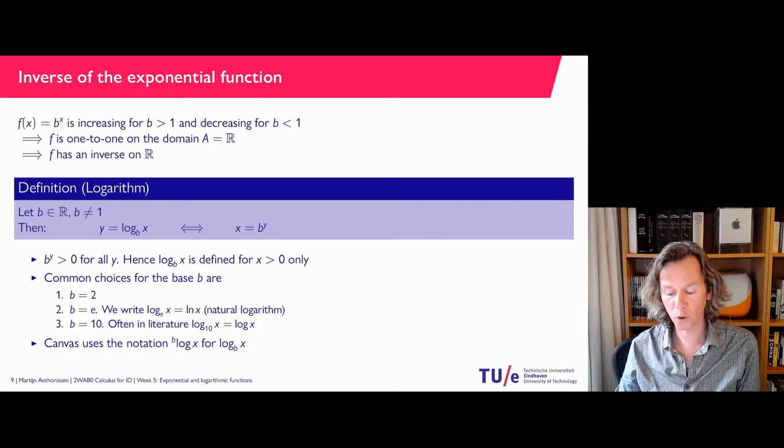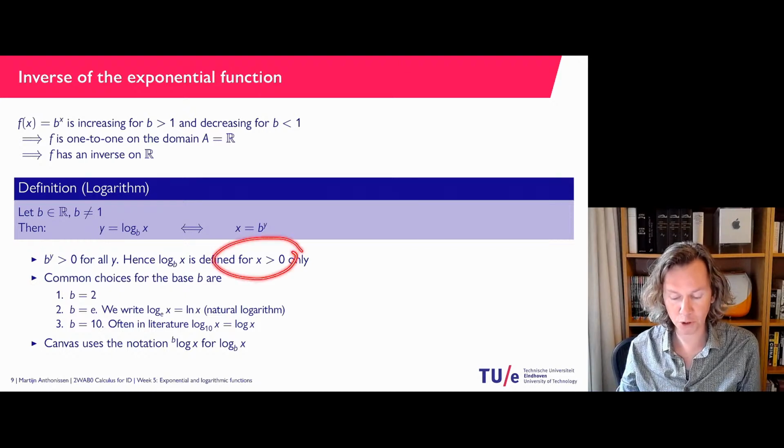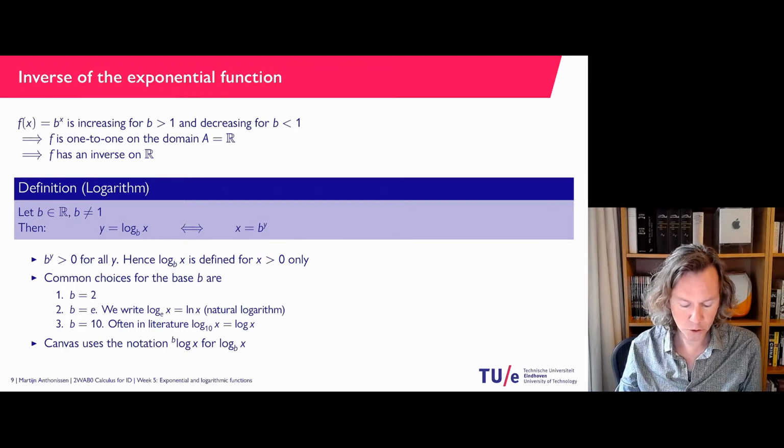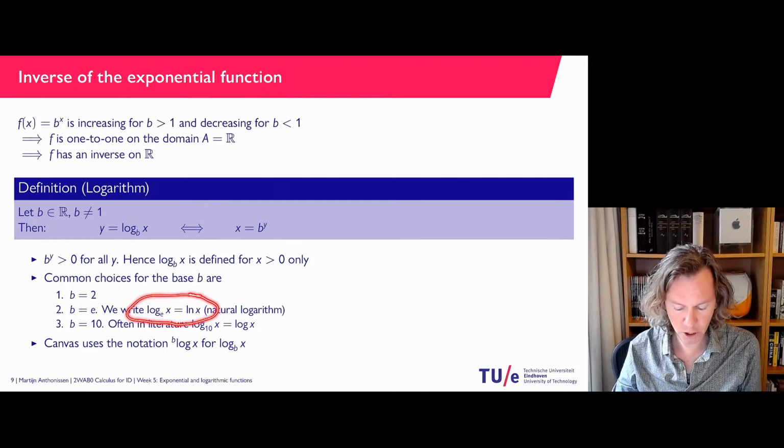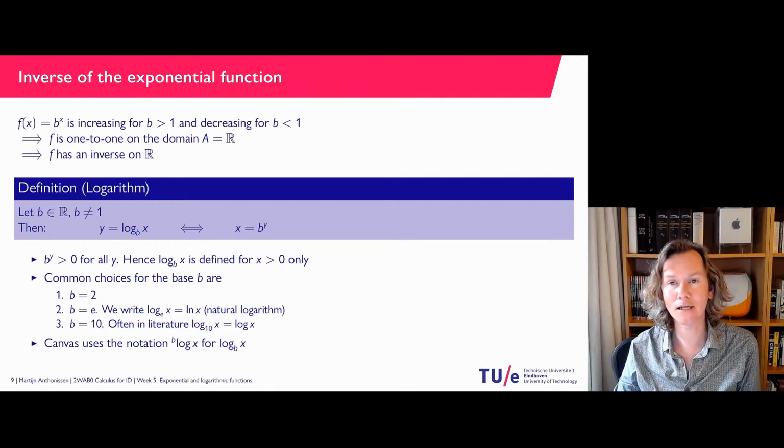So apparently the logarithm is defined for x bigger than 0 only, otherwise we cannot get an inverse there. Common choices are 2, e, the Euler number. And if we have the logarithm with base e, we write ln, and ln is the standard function we like to use for logarithms. And why I will make clear in a second.